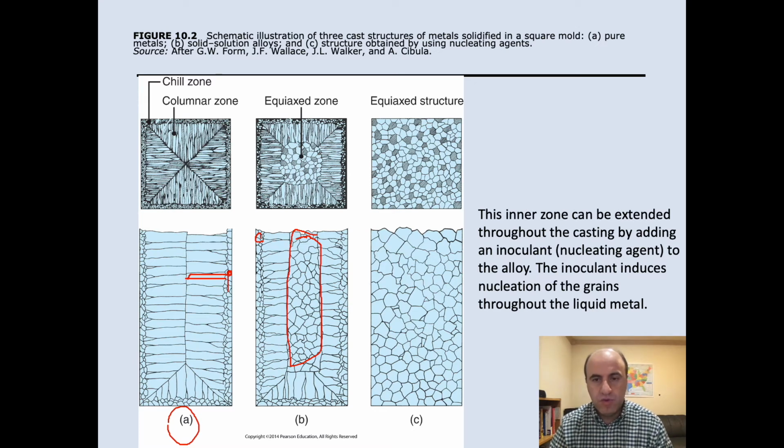One of them is using a nucleating agent, or inoculant. When you add those elements, the material will start to solidify together, so the nucleation starts all over the place at the same time. Then you will have a better morphology that you may need for a certain application.